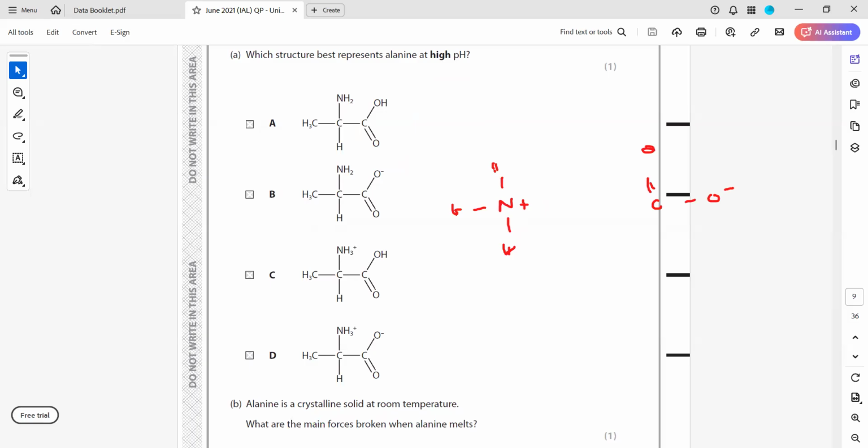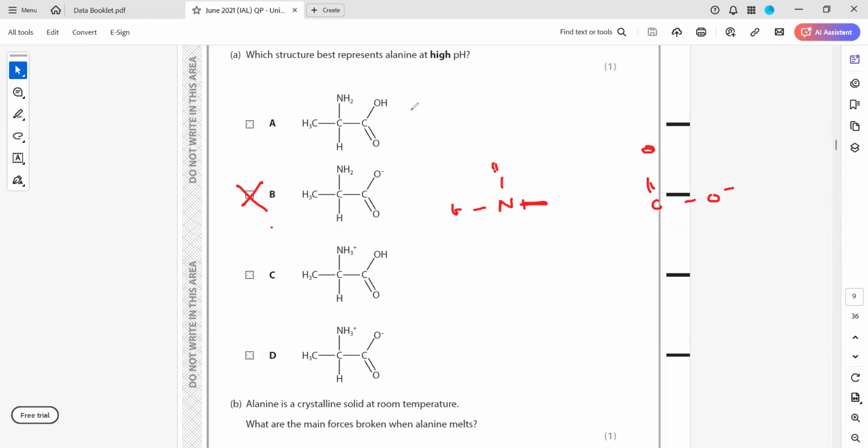But now in the question, we have a high pH, an alkaline solution. So the proton which was accepted by the amine will also be lost. So we'll have NH2, no charge, and the other end will remain negative. So B will be the right answer.